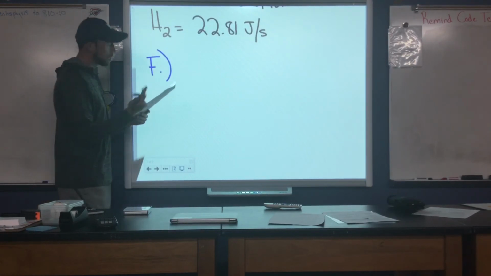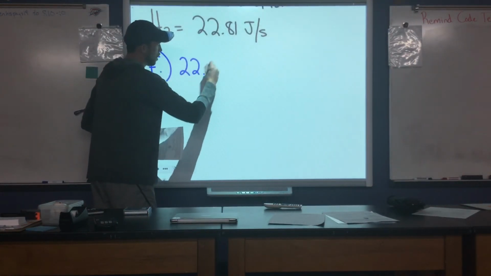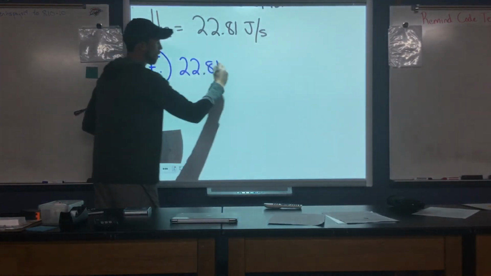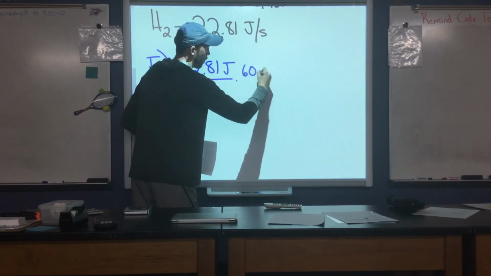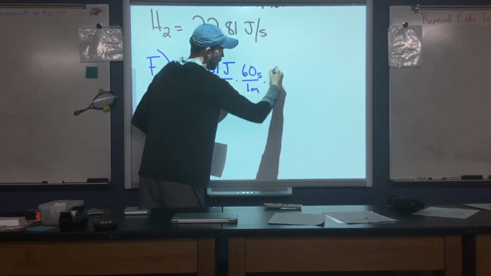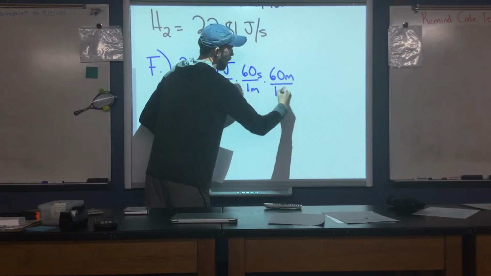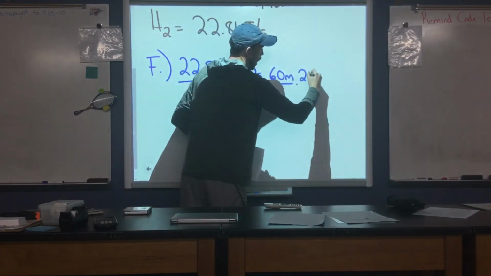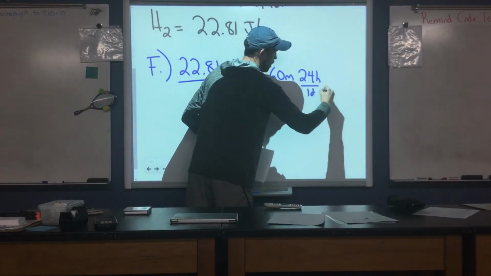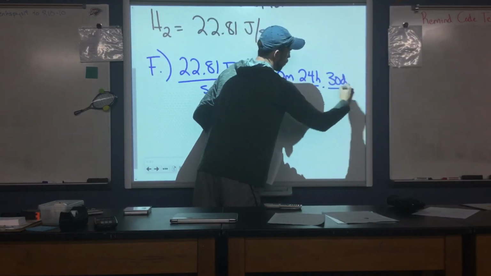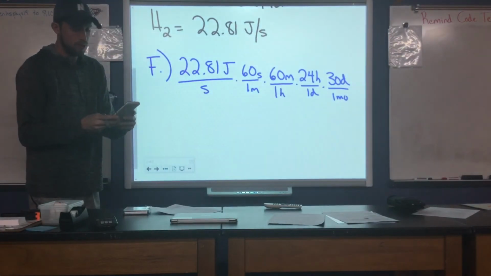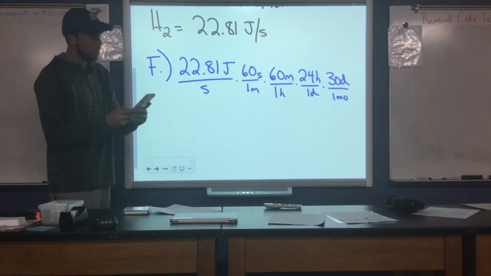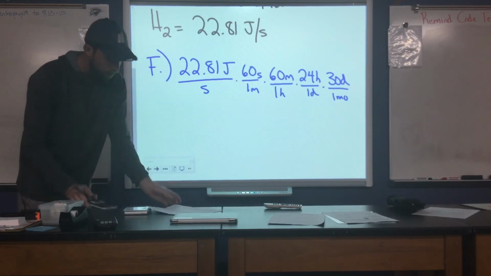Here in F, we're going to take our rate and scale that up to how much energy we lose per month. So 22.81 joules per second. As we mentioned earlier, we've got 60 seconds per 1 minute, 60 minutes per 1 hour, 24 hours per 1 day, and 30 days per 1 month. So we'll take our rate, 22.81, multiplied by 60, multiplied by 60, multiplied by 24, multiplied by 30.